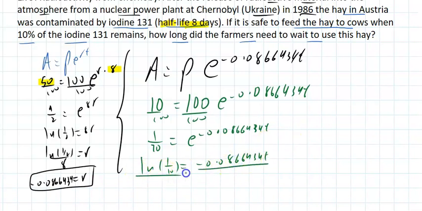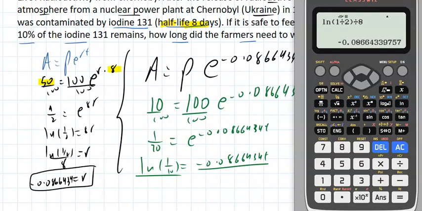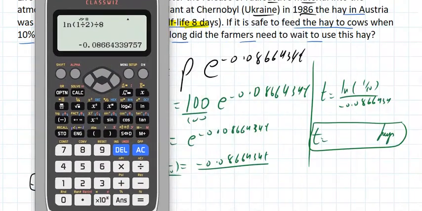Divide both sides by the negative. And it will take that many days they have to wait. Otherwise, they will really kill the cattle if they use that hay and it's contaminated.